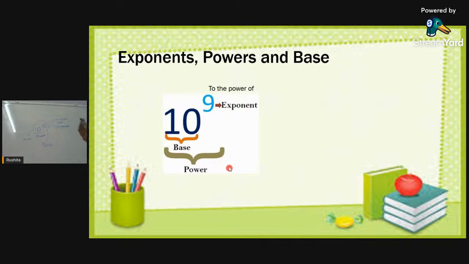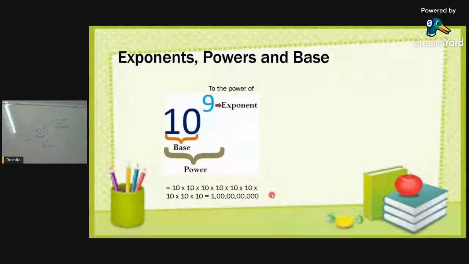Now, what is this power of and everything? 10 to the power of 9 means you're multiplying 10, 9 times to get the answer.